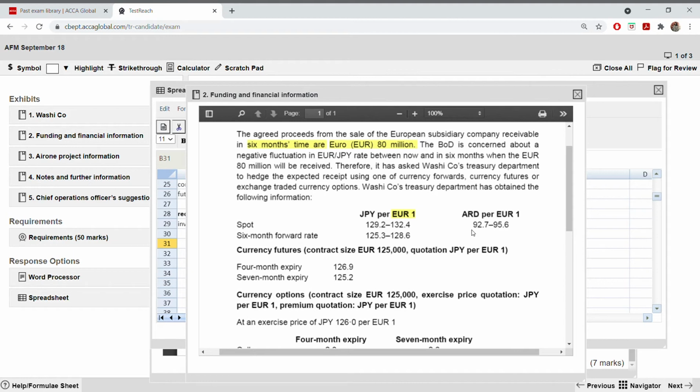This is known as the spot cross rate. So what should we do? How do we start? How do we use these cross rates?